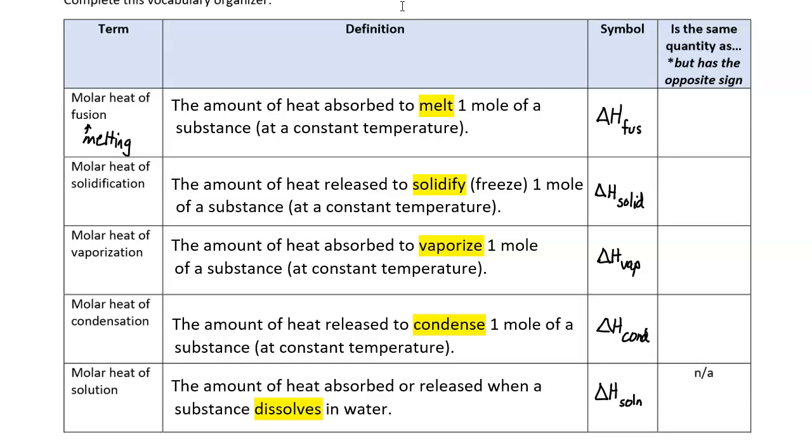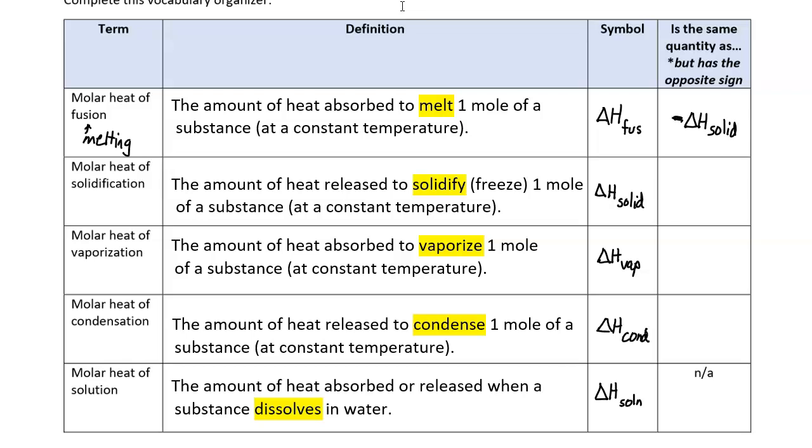Now the last column. These values have the same quantity as, but have the opposite sign of what? Fusion, remember, is the same thing as melting. That is the opposite process of freezing or solidifying. So the heat involved in fusing something is simply the opposite of the heat involved in solidifying something.